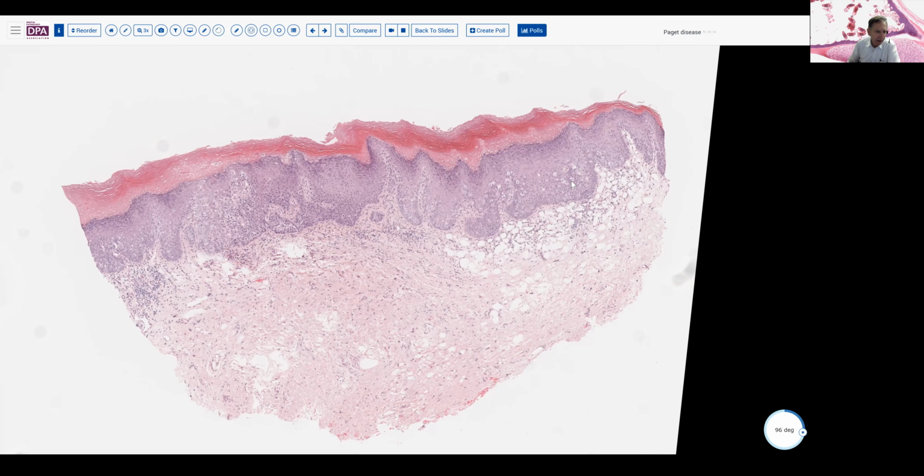Occasionally, Bartholin gland carcinomas or Skene gland carcinomas or other sweat gland tumors can present as Paget's type disease. But those are definitely a minority of cases. The same thing in the rectum. Rectal adenocarcinomas can occasionally present as perianal Paget's disease.